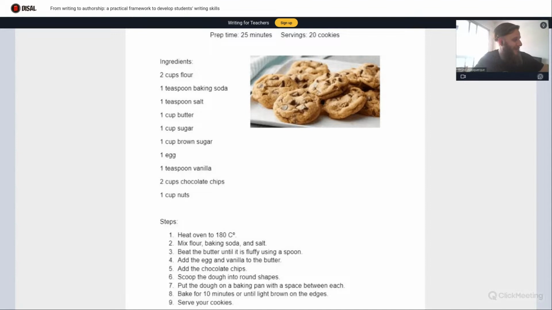Oh wow, lots of things that caught your attention. The thing that caught my attention is that the preposition of is not used. So it's 2 cups flour, 1 teaspoon baking soda, 1 cup butter, 1 cup sugar, right? And then the first recipe I analyzed, I was like, huh, interesting.